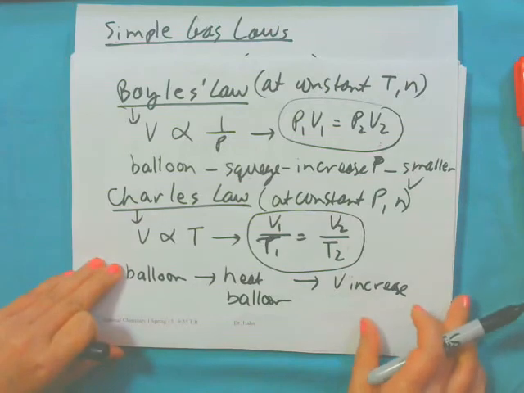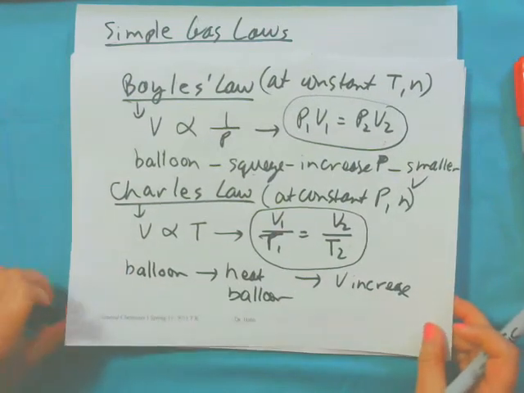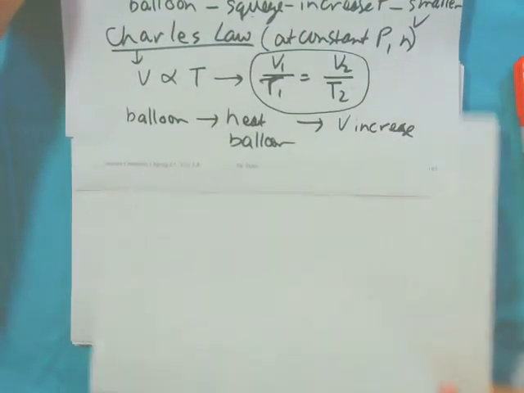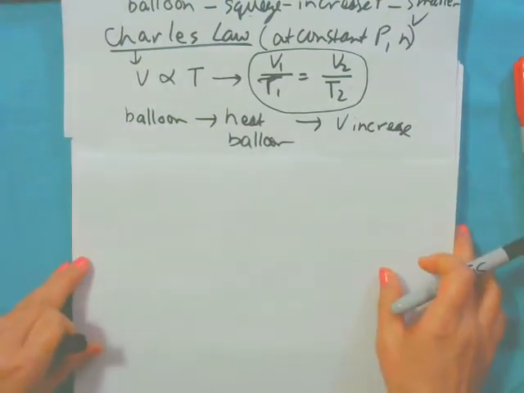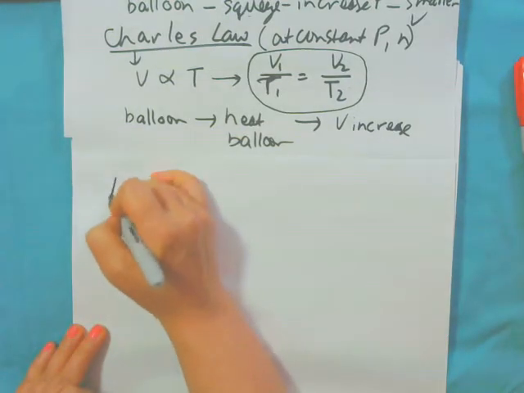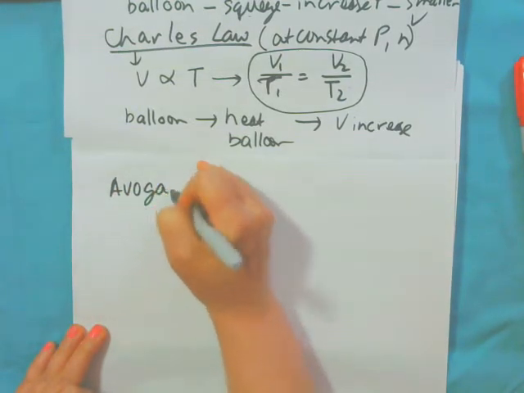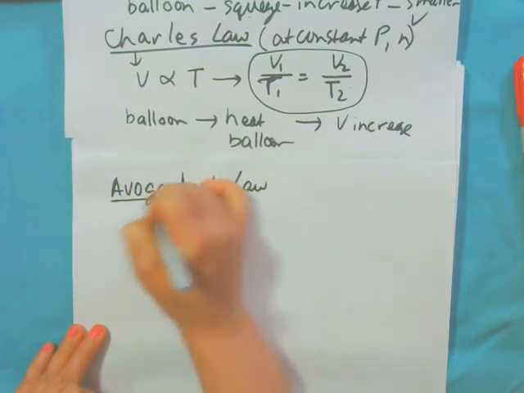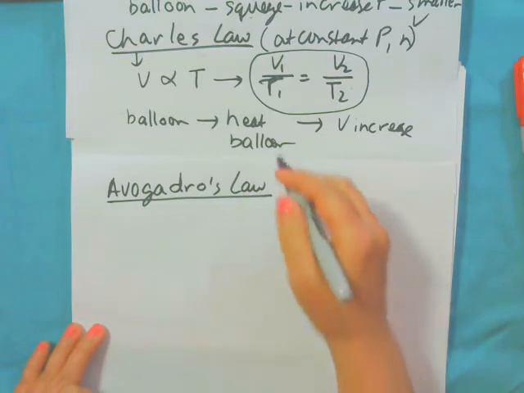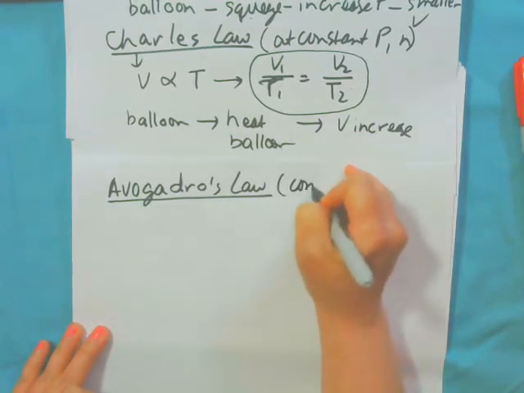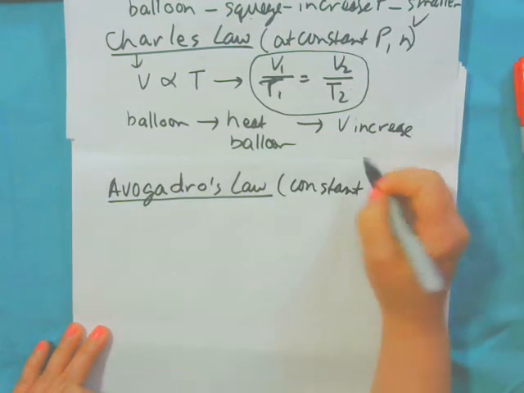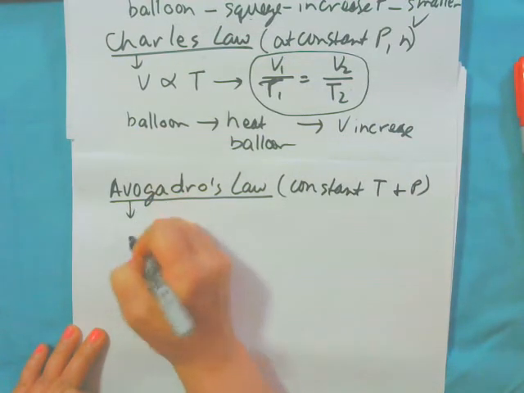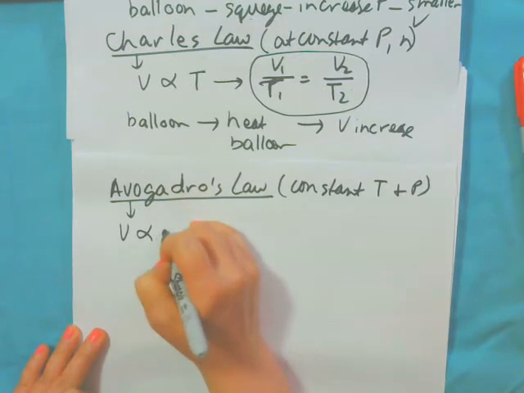Now we have one more simple gas law, so these are all my simple gas laws. Here's one more, and that is Avogadro's law, which is at constant temperature and pressure. Avogadro's law says that volume is directly proportional to n.